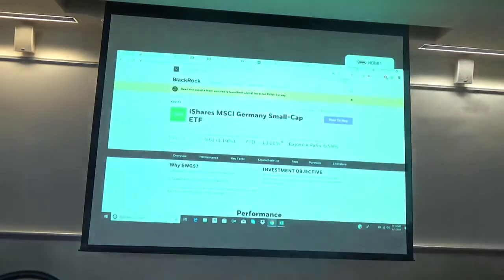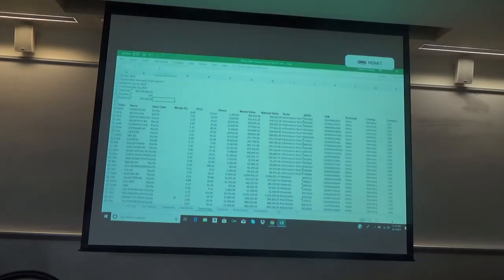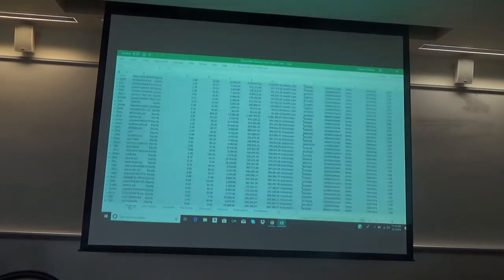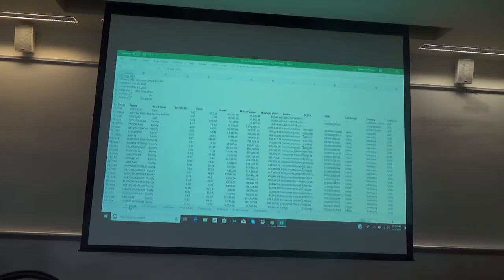So I went up and clicked download, and I got this spreadsheet right here. This basically gives you the ticker, the name, the asset class. I don't need any of this stuff.